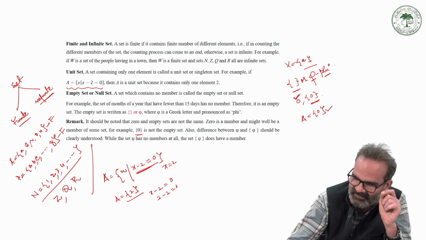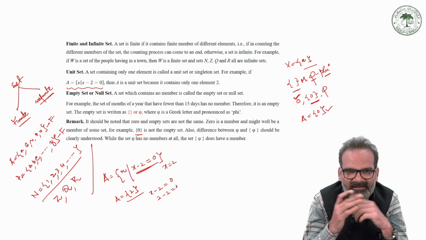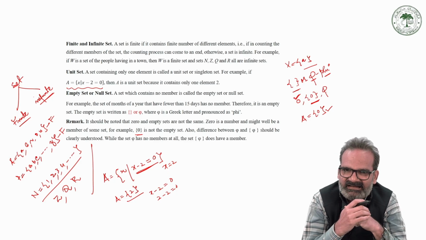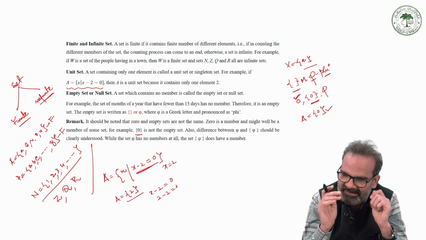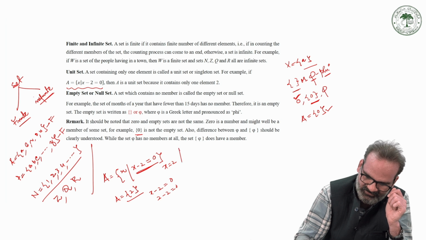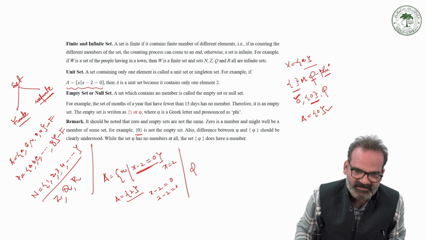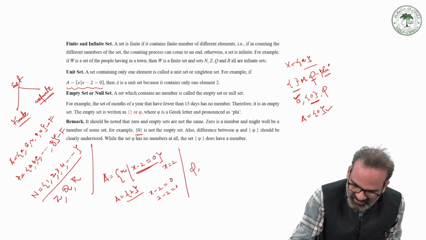Second thing, phi. Phi is a set which is called the empty set or null set. So null set means a set which doesn't contain any element. Phi is generally the notation of a null set or empty set.